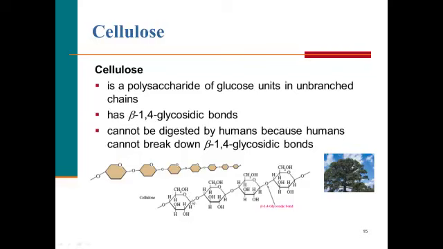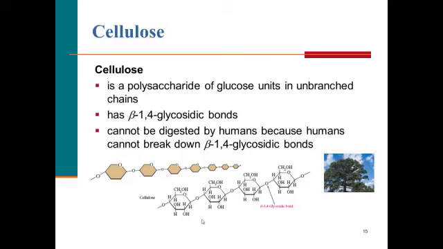Now this is absolutely critical in the formation of cellulose, and it has a major impact on the ability of organisms to utilize glucose in this form.